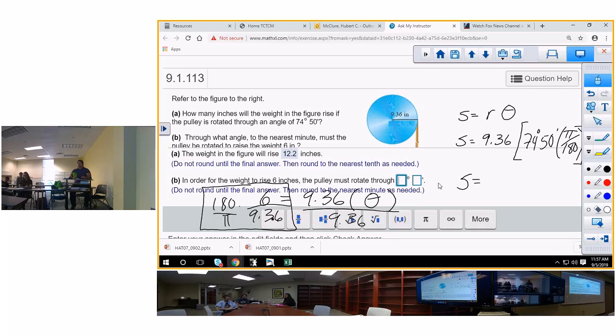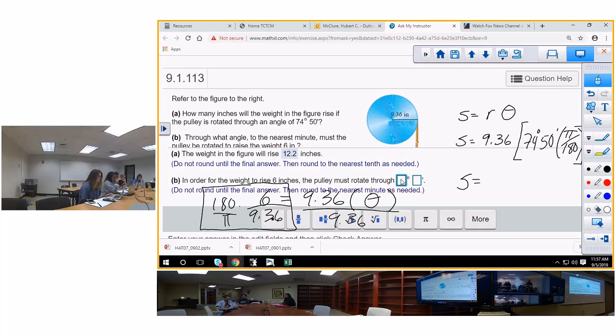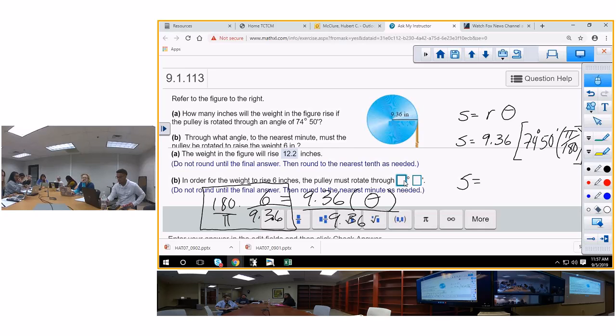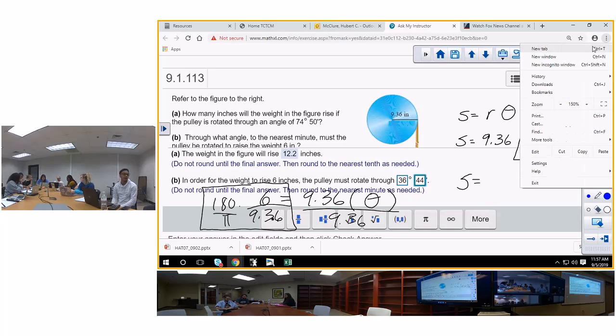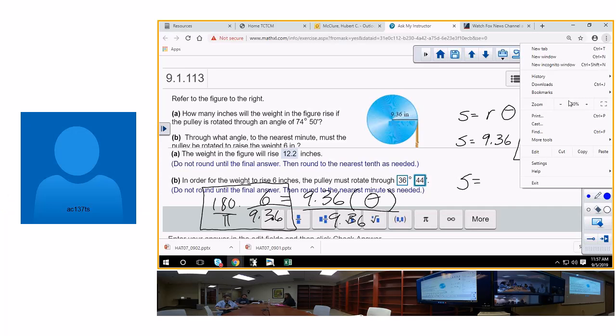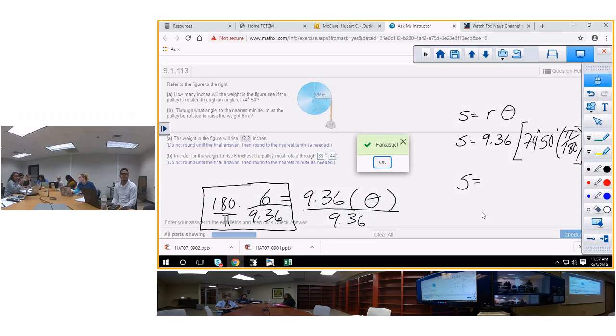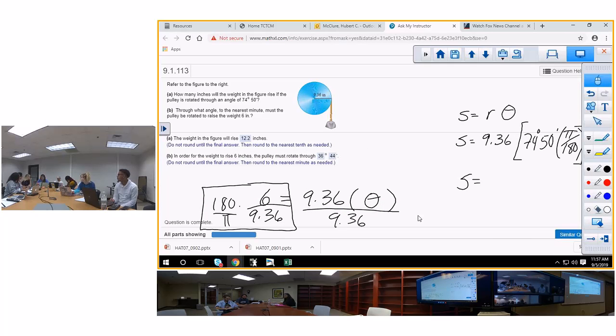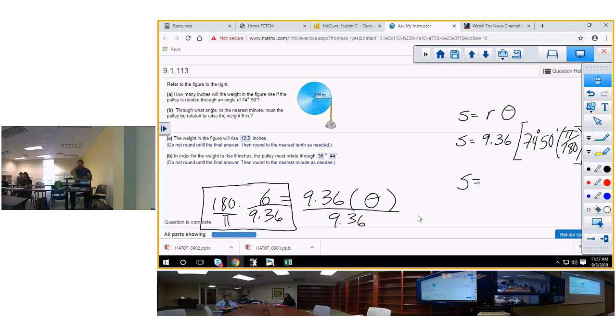I think so. 36 degrees, 40. Yes. 44. And I got to move this back down, thank you. And so there's your two examples of that problem that everybody hates.